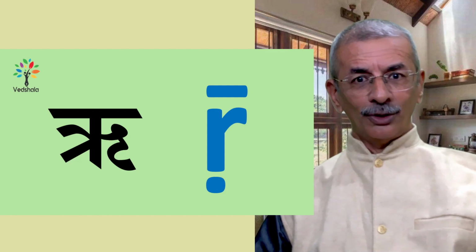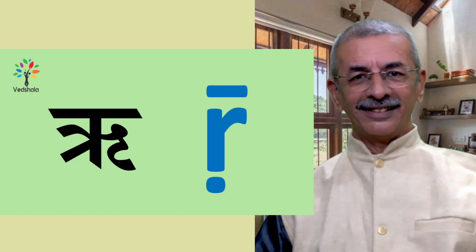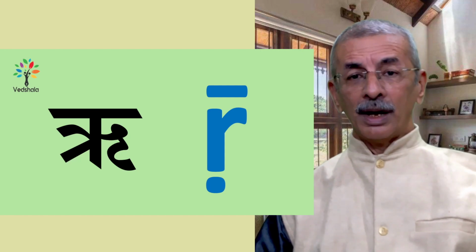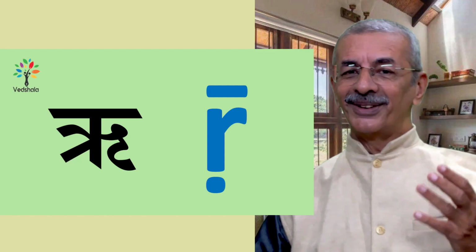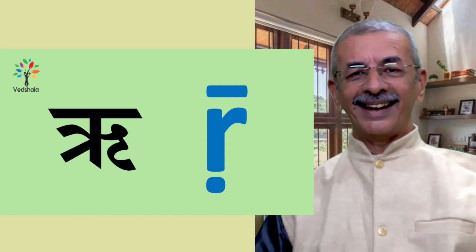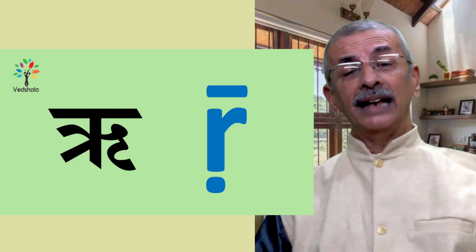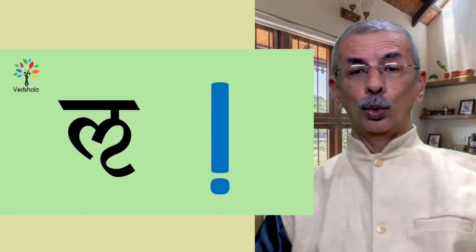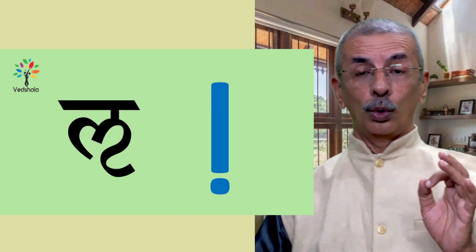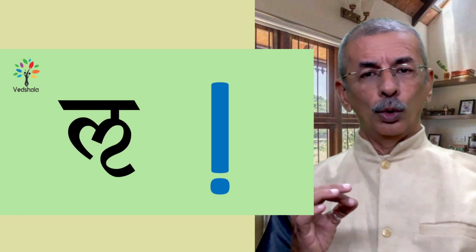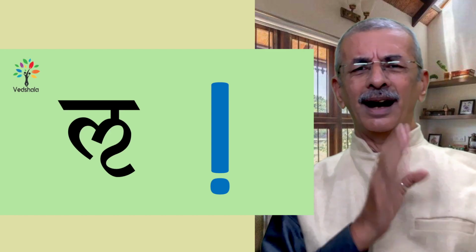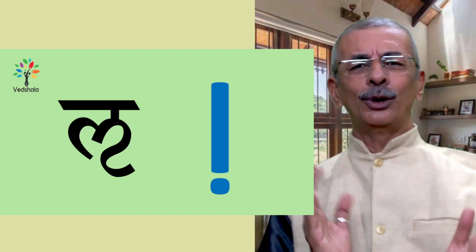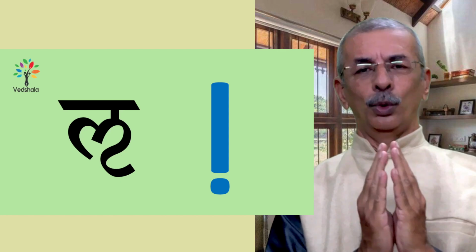I suppose I am not going fast and you can catch up with whatever I am saying. I don't want to make this video very long at the same time. So let us go ahead and understand another one, and that is ḷ. When I say ḷ, to simplify it, it is something like lru, altogether.